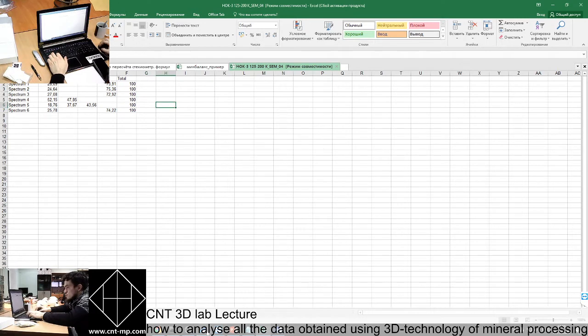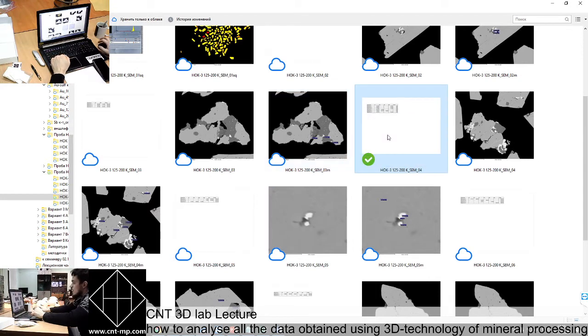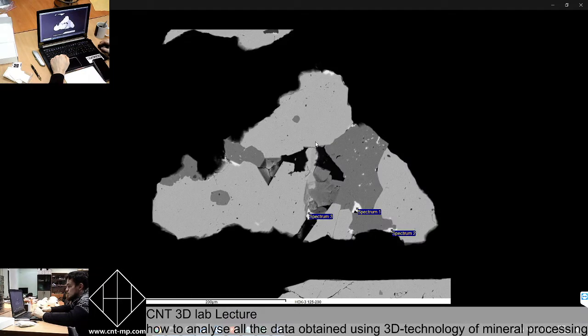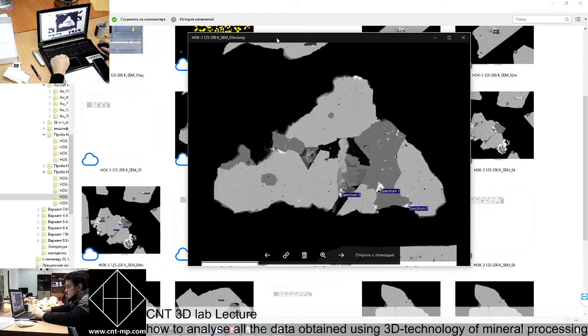Each micro photo goes with a special Excel table, which describes the chemical composition in the phases we analyze.